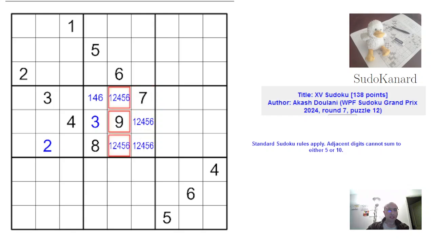But 1 is not next to the 9. 2 is not here by the rules of Sudoku. 6 is not here by the rules of Sudoku. And I think that's it. No, that's not a 4. That's not a 4 next to the 6. The sum would be 10.